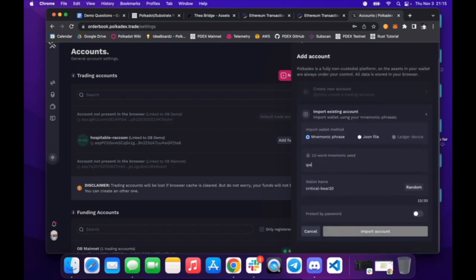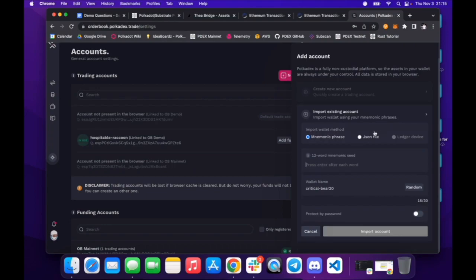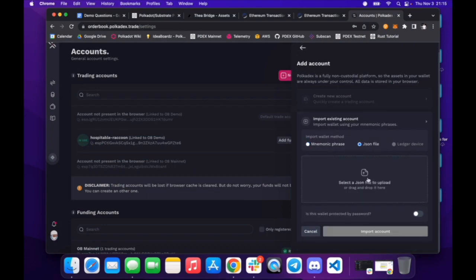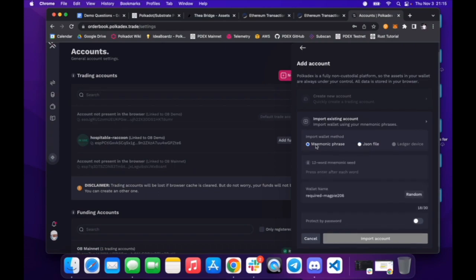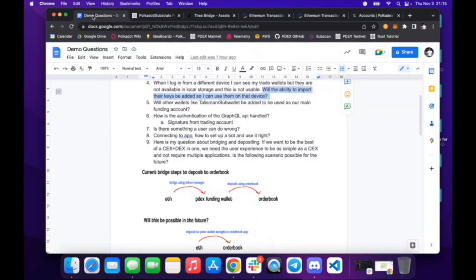Just remember that after entering every word, you need to hit enter so that the word is accepted. Or you can simply upload the JSON file that you downloaded. The name is going to be different, or instead of a random name, you can type a name of your choice, or the same name from the other browser, whichever you prefer, and import your account. So yeah, the functionality is already there, if you guys have missed it.